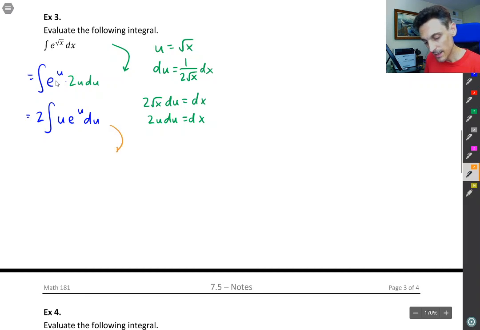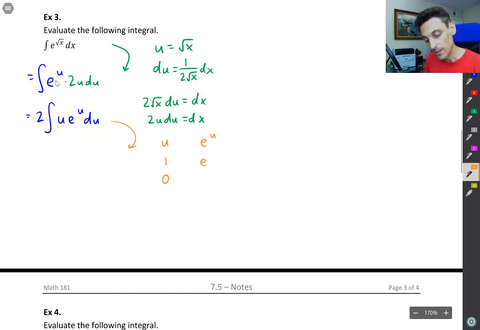And then in the next step, we're going to use the tabular method, or the streamlined version of integration by parts, to finish this off. So we'll write u in the left column, we'll write e to the u in the right column, and take derivatives of u going all the way down to 0. Derivative of u is 1, and then derivative of 1 is 0.